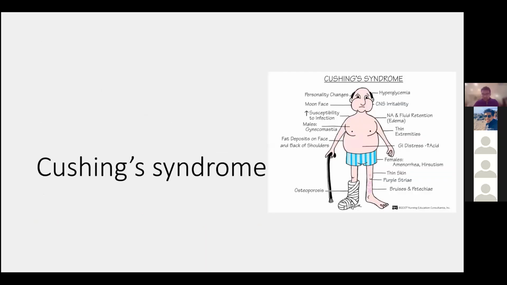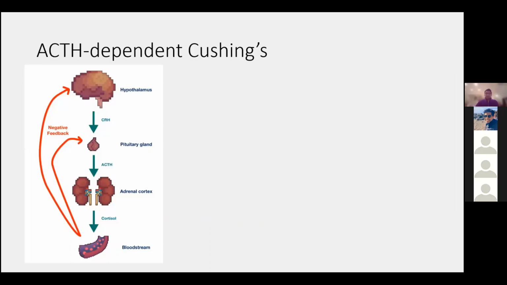So Cushing's syndrome can be classified into ACTH dependent disease or ACTH independent disease. ACTH dependent disease can be from the pituitary gland itself producing ACTH, so that would be Cushing's disease.